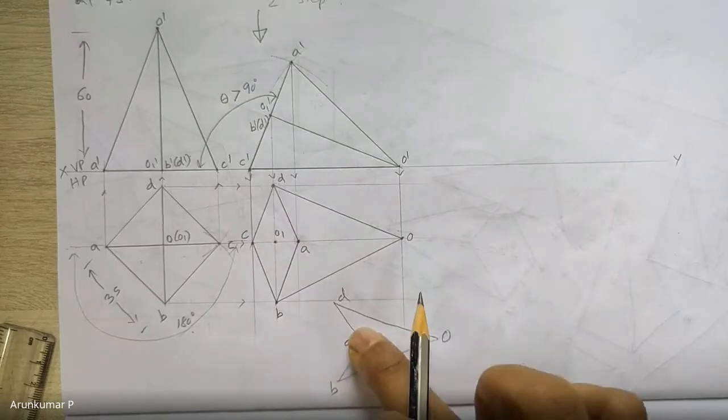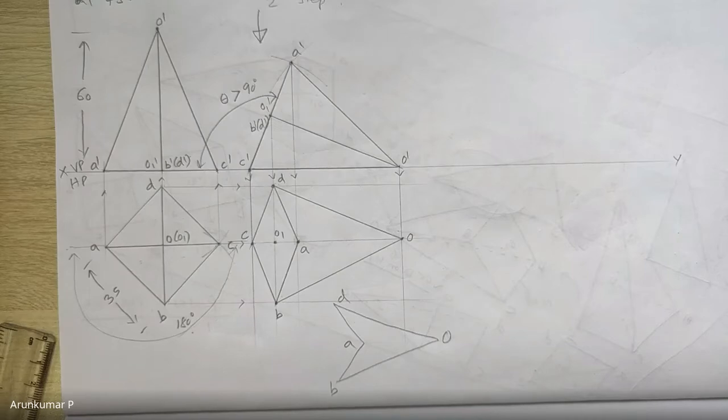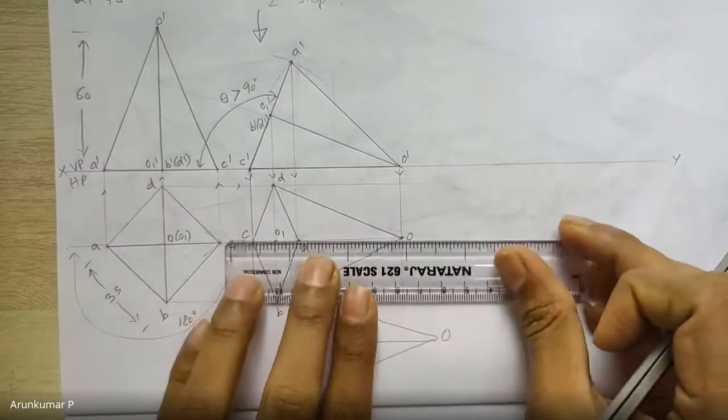So the corner of the base, if you join to the apex, into how many triangles can you divide? 2. Exactly, 2, because already O and D are joined, B and O are joined. What is left? A and O. If you join this, done, 2 triangles. So that is exactly what you need to do.